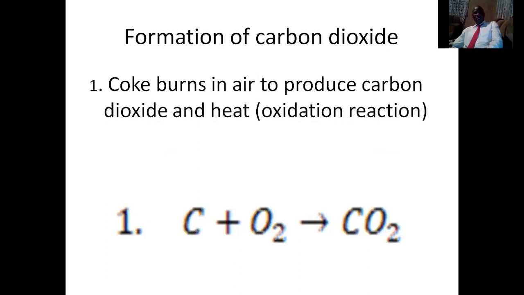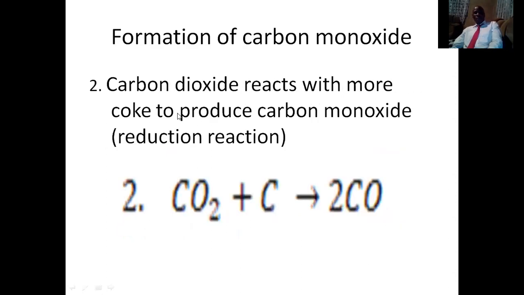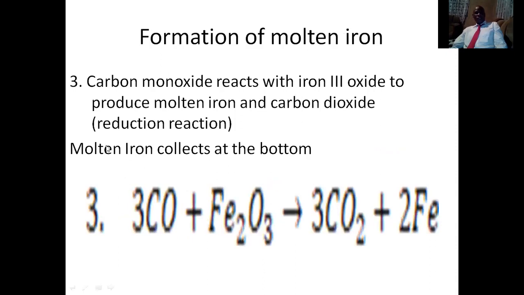The first reaction is where the coke or the carbon reacts with oxygen to form carbon dioxide. The second reaction is where the carbon dioxide reacts with more coke to form carbon monoxide. The third reaction is where the carbon monoxide produced is used to reduce the iron(III) oxide to form carbon dioxide and iron.